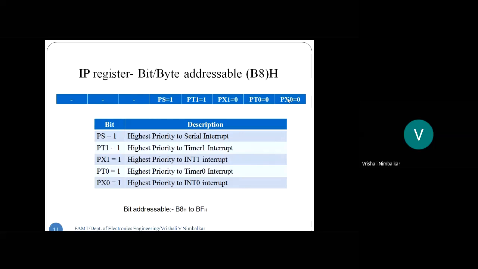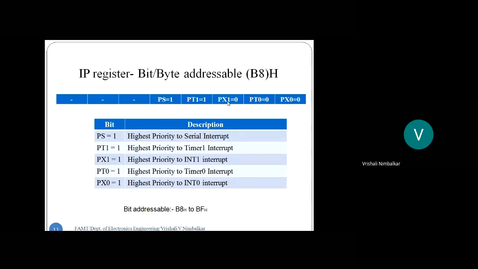Then what will happen? The microcontroller will look into how to resolve this. This priority is resolved depending on the default. If you compare serial and timer 1, who was having the highest priority? Timer 1. So what will the microcontroller do? The first priority is given to timer 1. Second priority is given to serial communication.